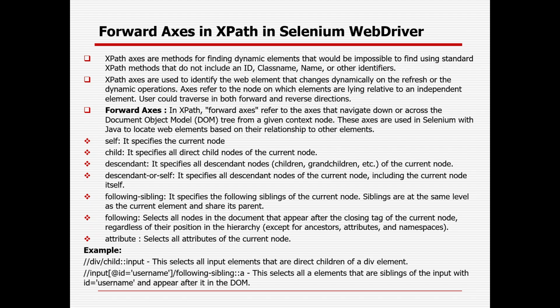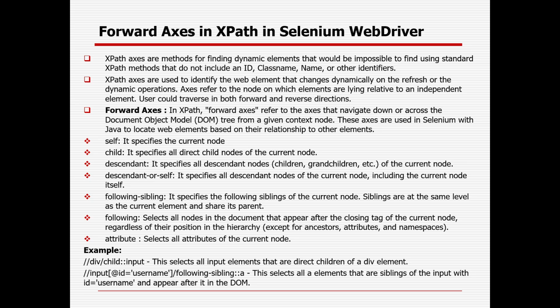Especially for dynamic elements where there might be no id, name, class name, or attribute available, or sometimes XPath also might not be working, because after every refresh of the page or after every deployment, some of the element locator attributes might get changed. For those areas, we can use the XPath axes strategy in Selenium WebDriver.